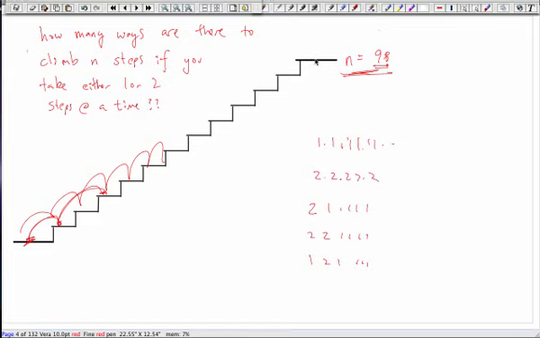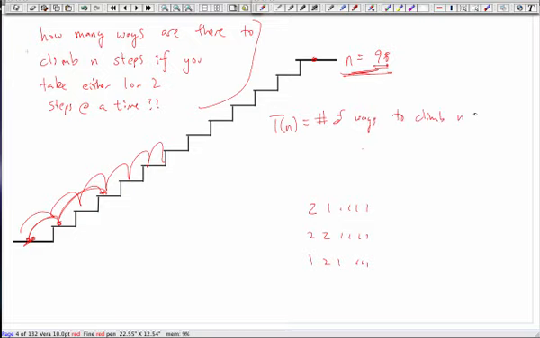So the way one might approach this is to say, well, how many ways there are to climb n steps, I'm going to call that T of n. So T of n is going to be the number of ways to climb n steps. And now, this is a technique that you often use in dynamic programming.